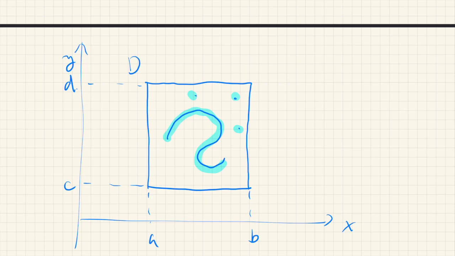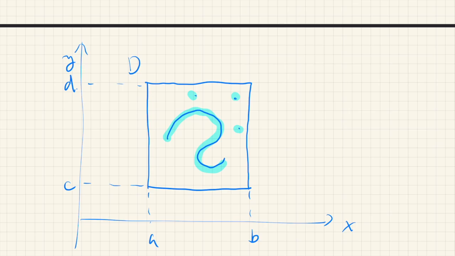But in order to prove this theorem, we have to recall the definition of Riemann-integrable. What is it? First we define the upper Riemann sum and lower Riemann sum, and they converge to the same value as we refine the partition of this rectangular region.